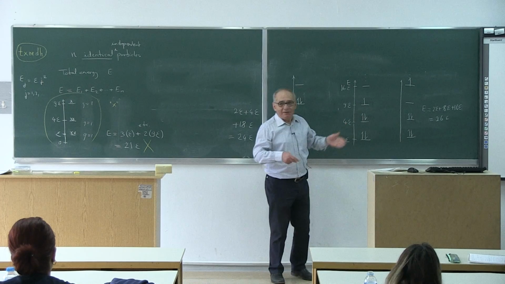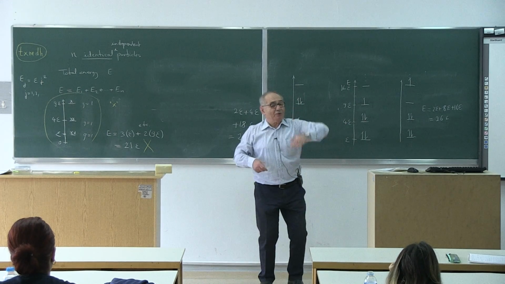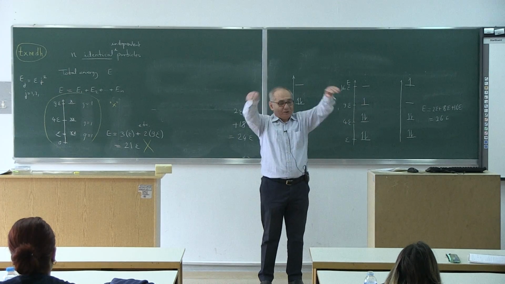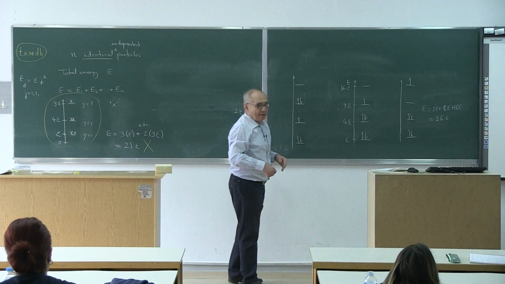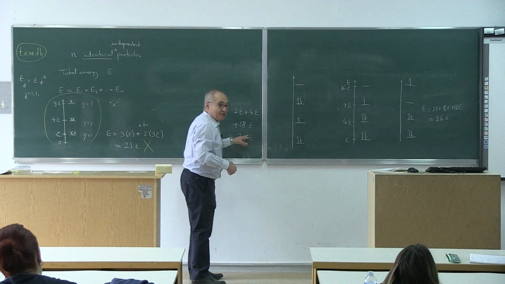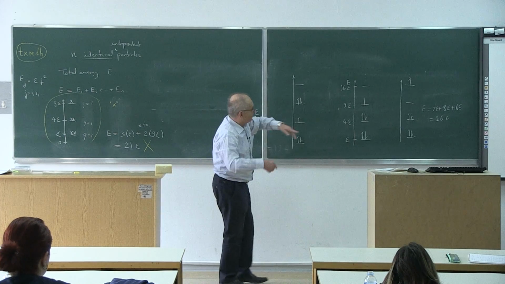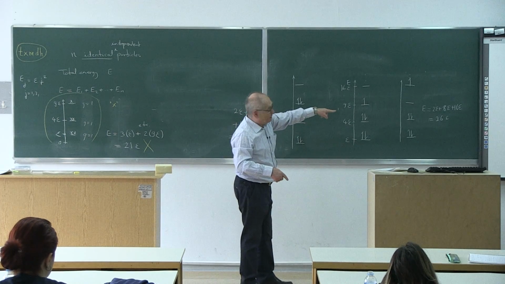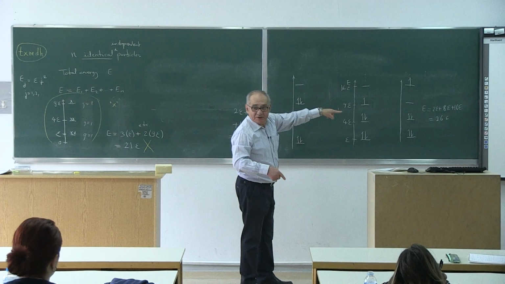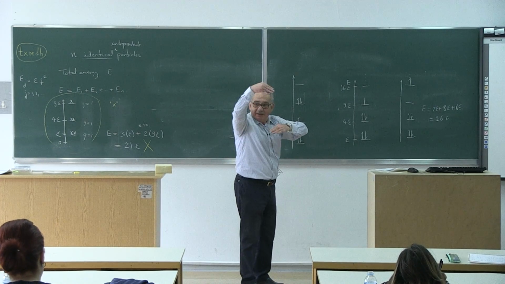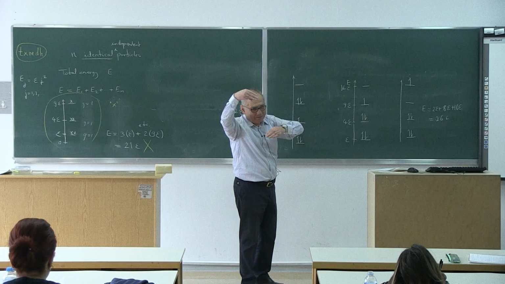Therefore, in this model, what is the first excited state of the total system? It is this one, isn't it? This is the first excited state. The next excited state has energy 26 ε, and after that is 27 ε.